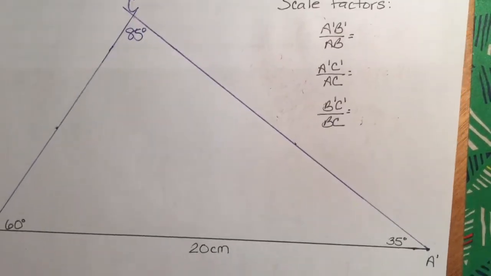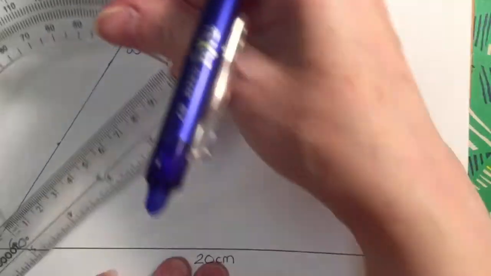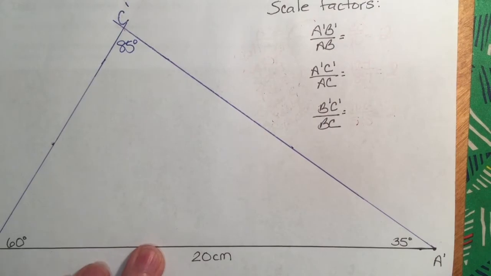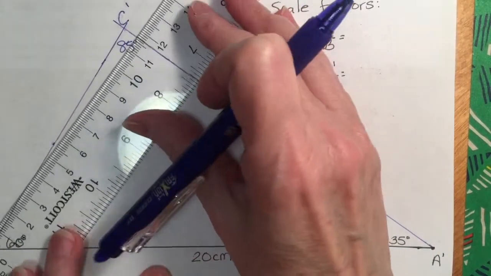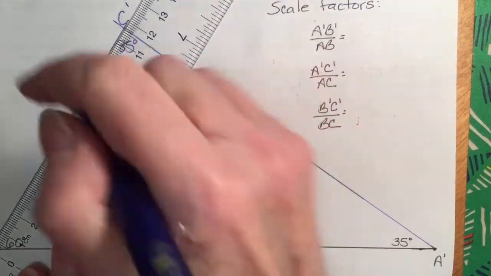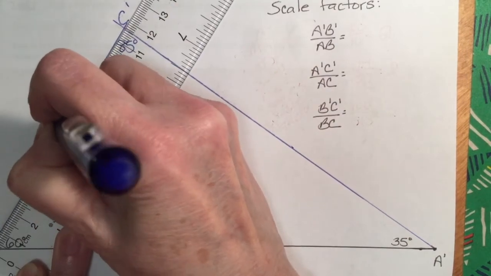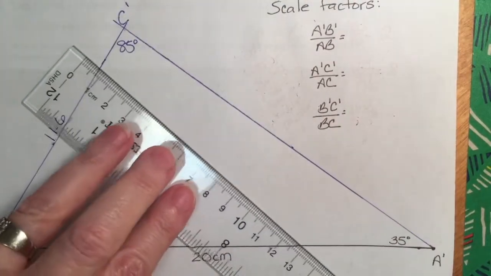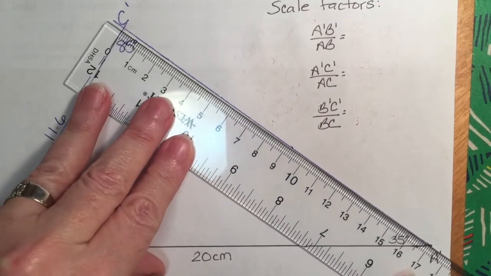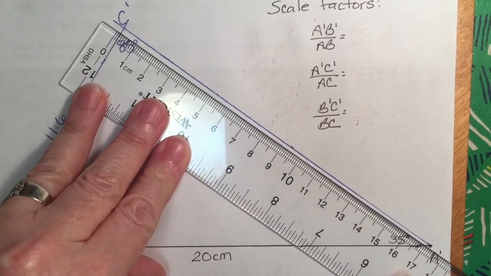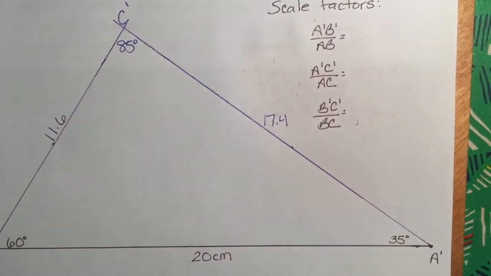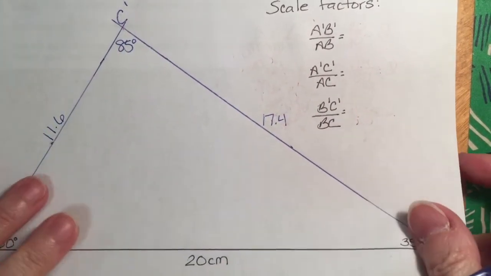And if I measure the larger one, bigger ruler, bigger triangle, this one is 11.6 centimeters. And this side is 17.4. Okay, so we can calculate our scale factors.